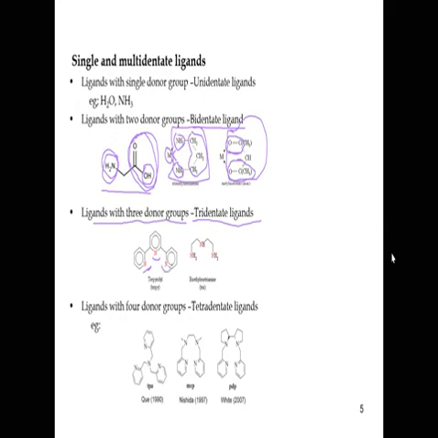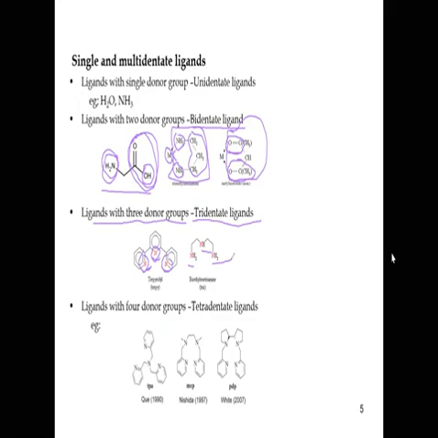They all contain what we need, that is the lone pair of electrons. So this is one donor group, another donor group, and three donor groups there, right? So this is an example. Again here, this one and this. Three electron donor groups there, so they are examples for tridentate ligands.